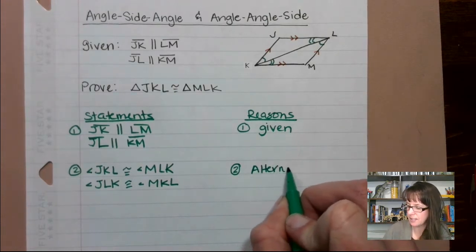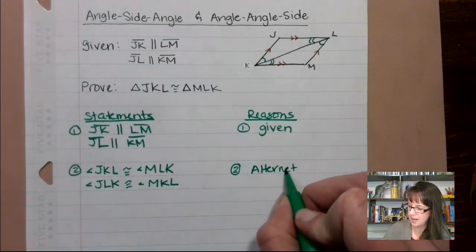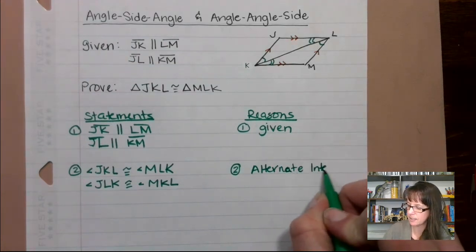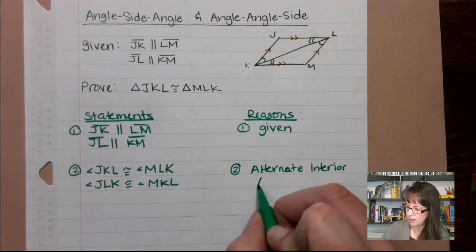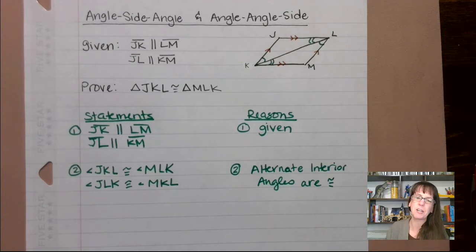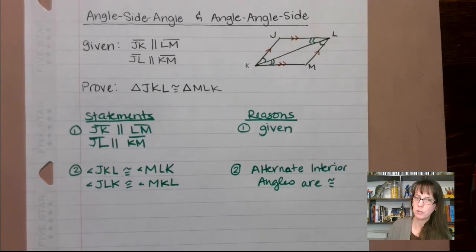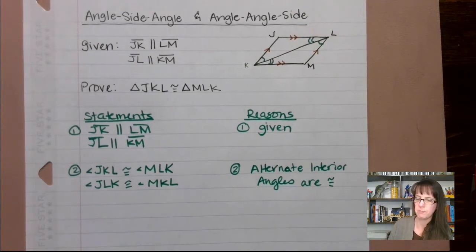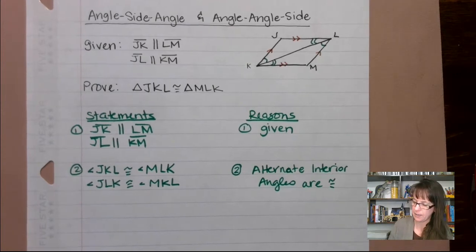I don't know why I can't spell today, interior, just kidding, that's every day. I'm not sure if your teacher wants you to write the full definition or if that's going to be sufficient. If you need the full definition, you'll have to go back and look that up.